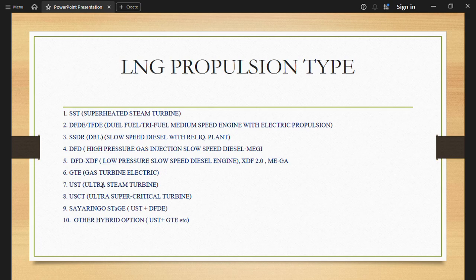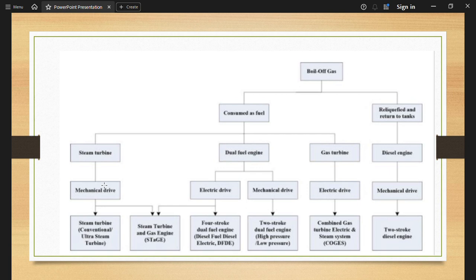So when we speak about LNG, we have what is known as boil off gases. Boil off gases are consumed as fuel. Even when we have gas ships, their tank construction we have already covered in a separate video, you can watch that video.